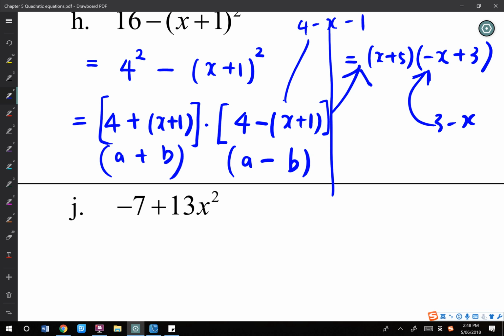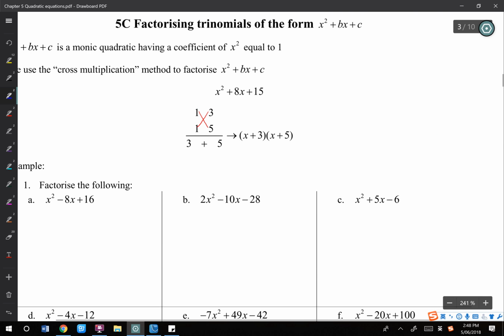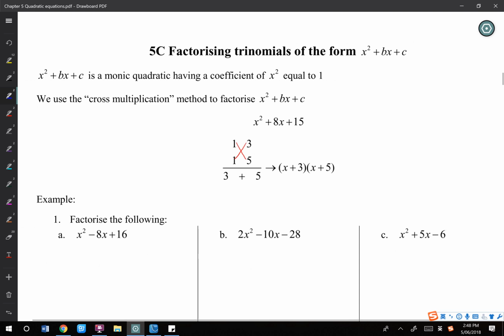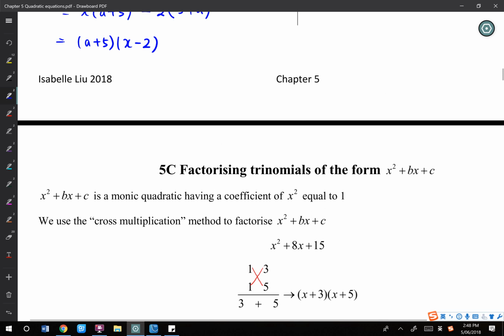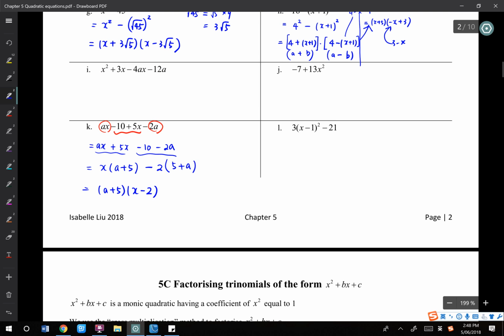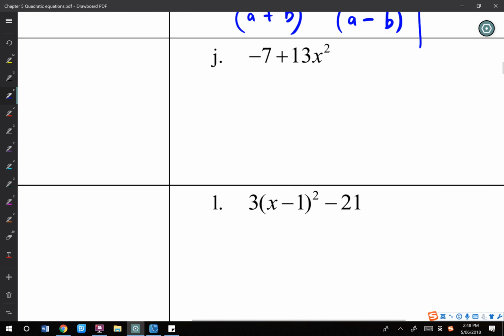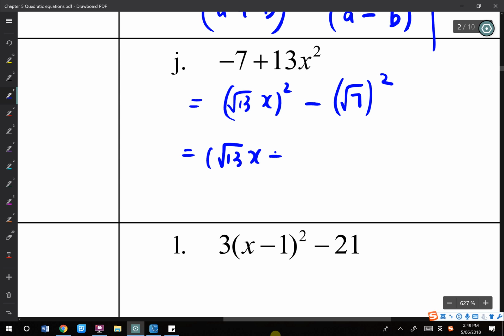Alright, if we don't have any other questions, let's just go through the next page really quickly. That's something you already learned. The last page. That one? That's root 13x squared minus root 7 squared. So root 3x plus root 7, root 13x minus root 7.